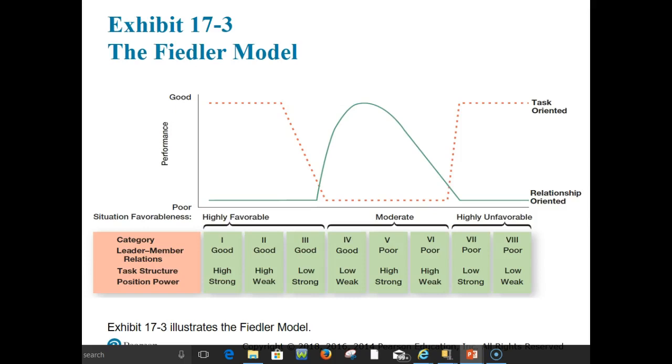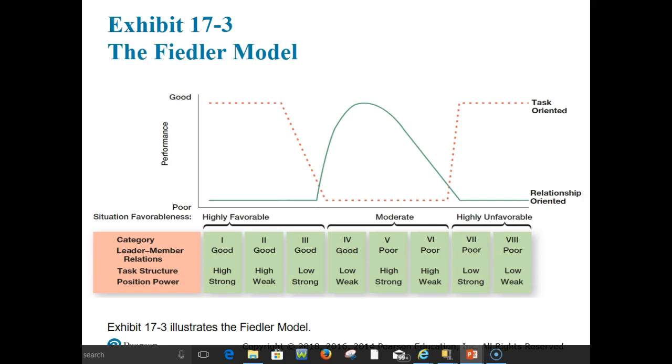So each leadership situation was evaluated in terms of these 3 contingency variables, which when combined produce 8 possible situations that were either favorable or unfavorable for the leader.